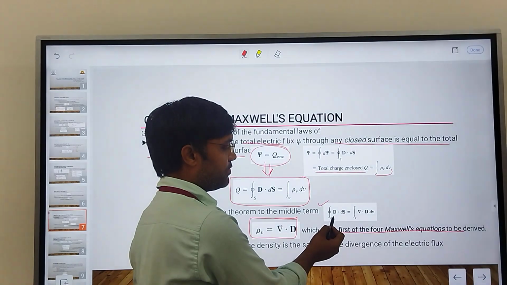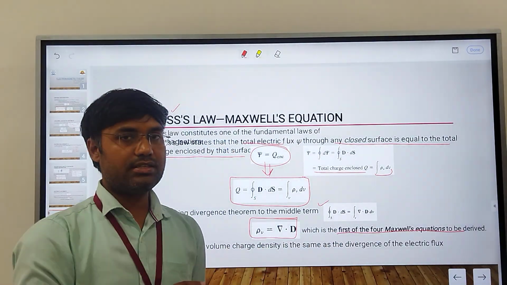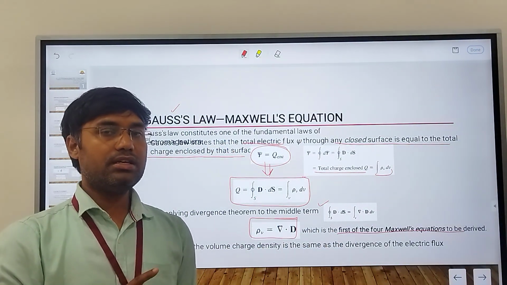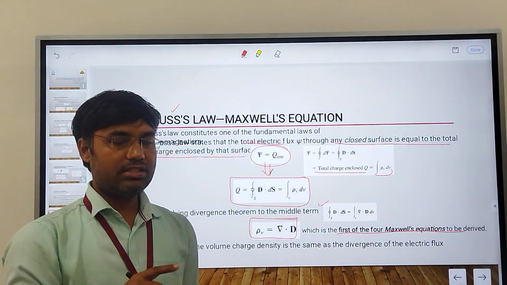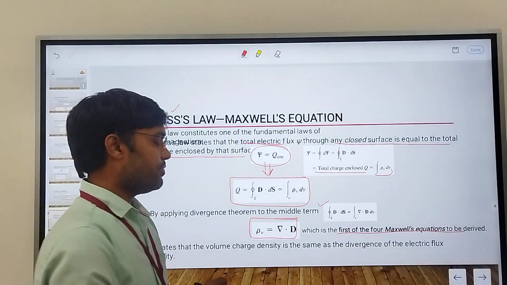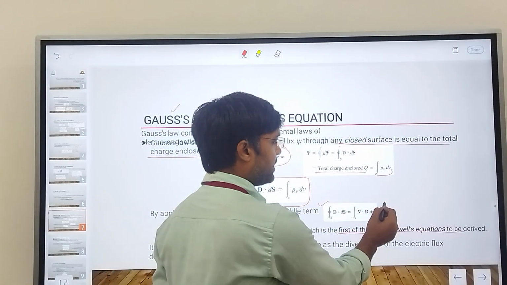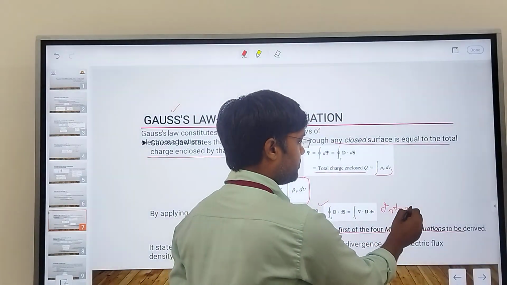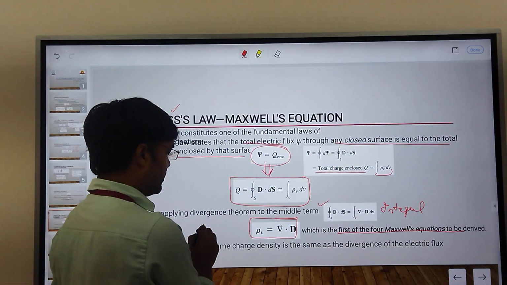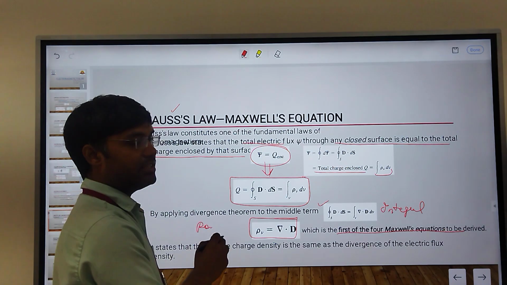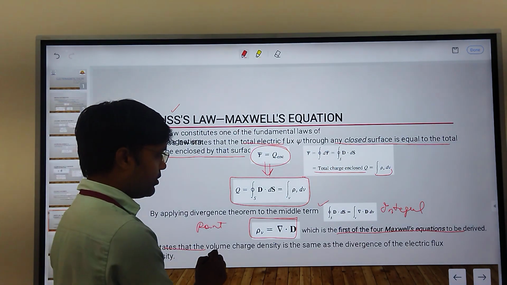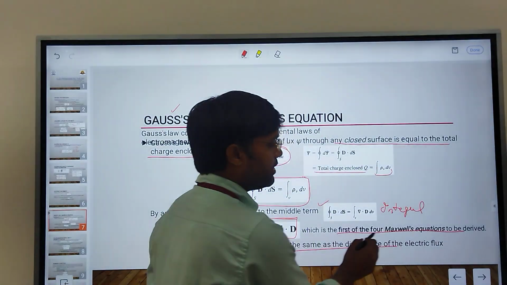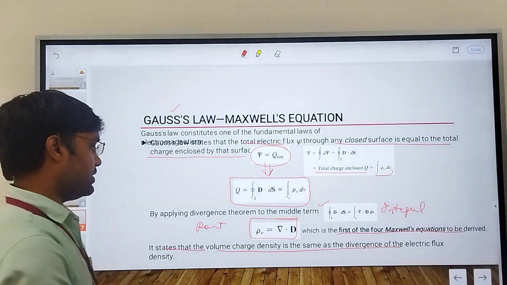It means that the surface integral of electric flux density over a surface is equal to the volume integral of the charge density, which is the divergence of that electric flux density. This is the integral form, and this is the point or differential form. So this is Maxwell's first equation. It states that the volume charge density is the same as the divergence of electric flux density.